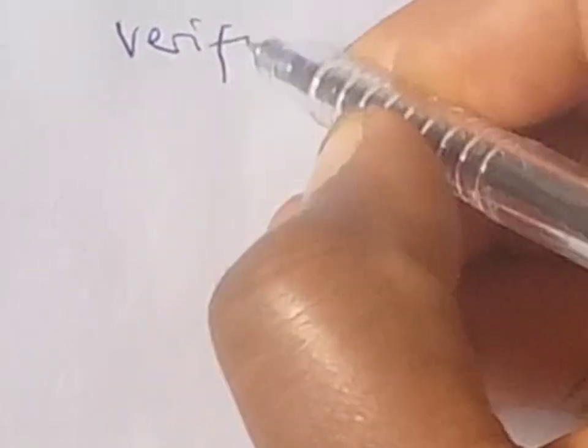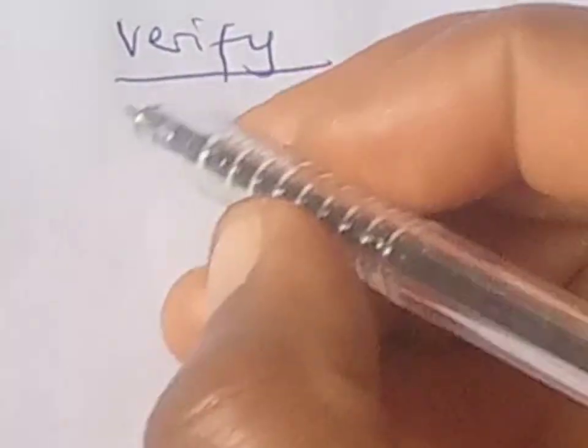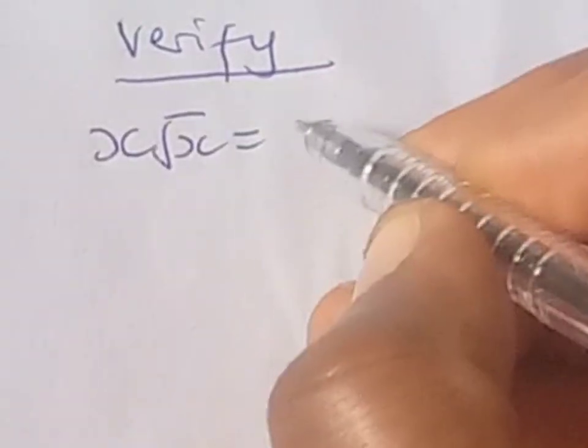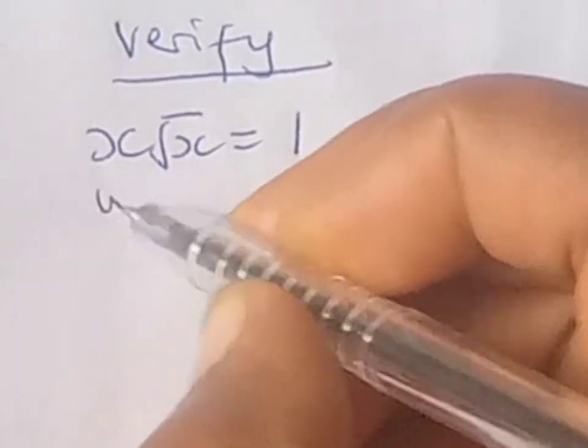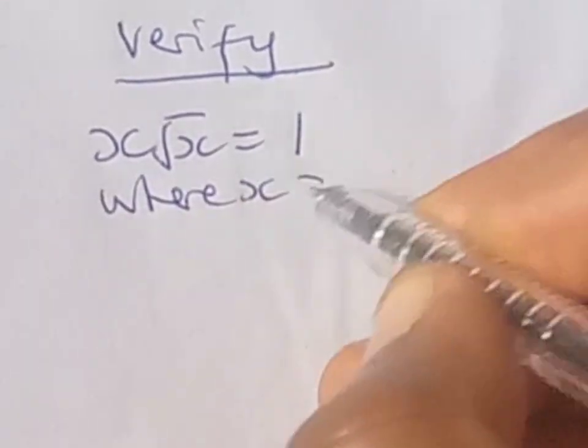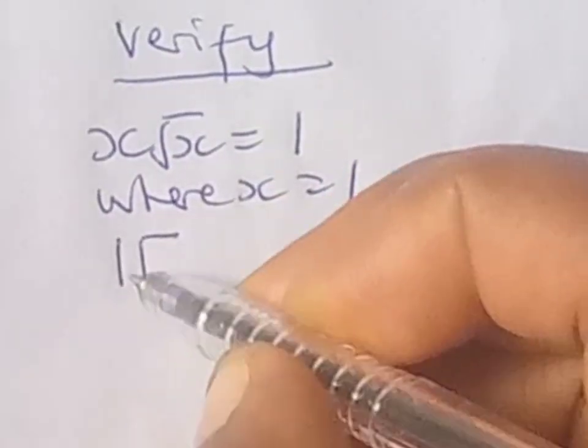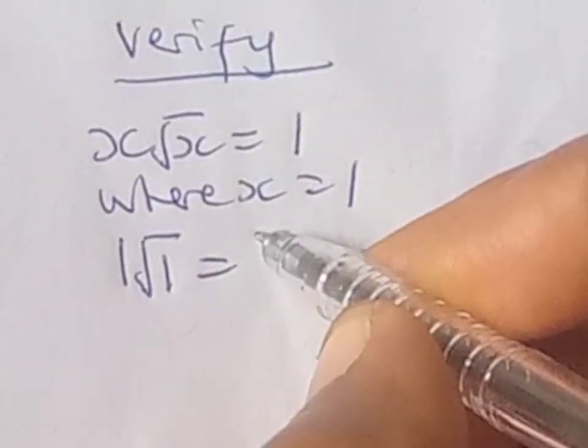Now let's cross check if our x is actually 1. Let's verify. Our equation again says x root x equals 1, where x equals 1. So you have 1 root 1 equals 1.